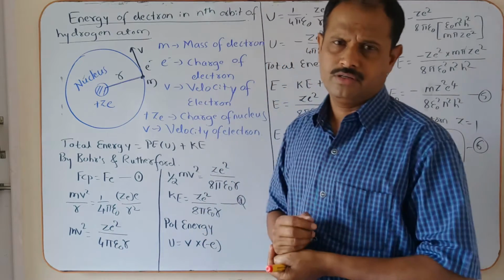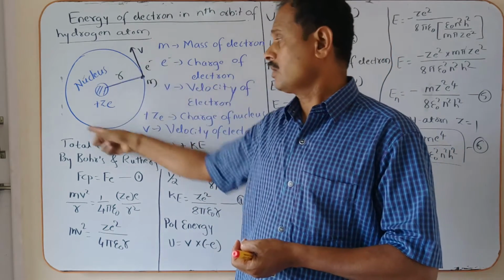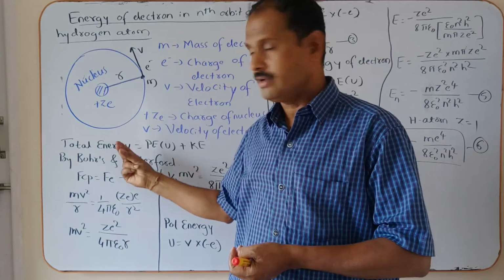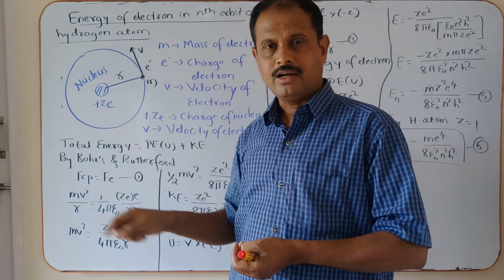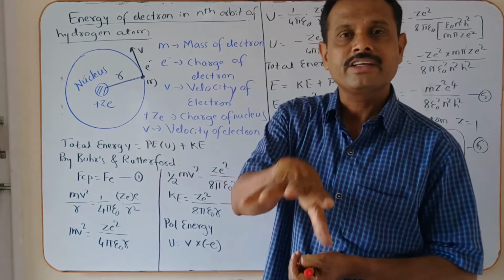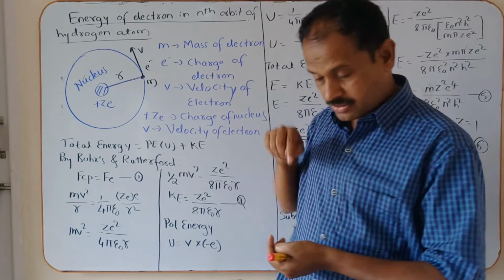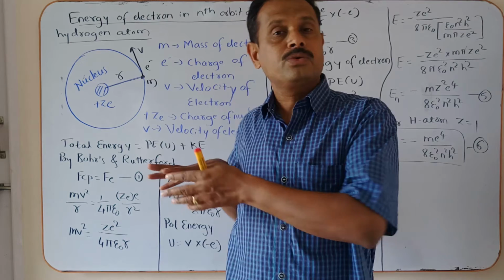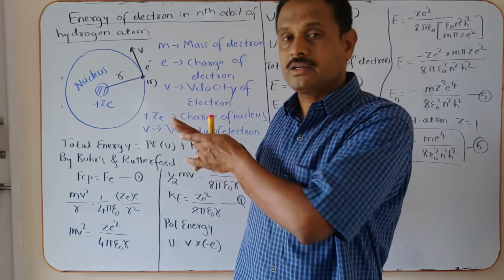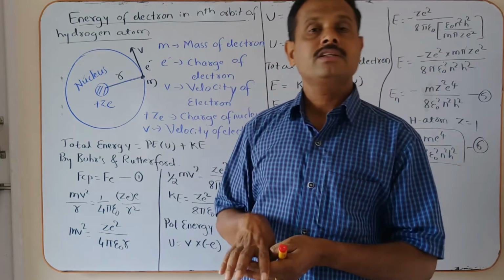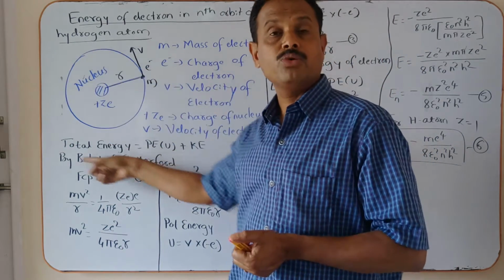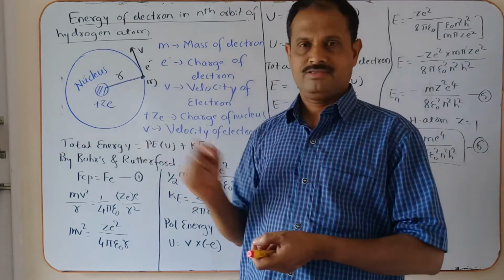Next, another point: the charge moves around the nucleus in a particular orbit. Definitely it is moving around the nucleus, so it has kinetic energy. It possesses potential energy due to the electric field and electric potential, and it possesses kinetic energy due to the motion of the electron.